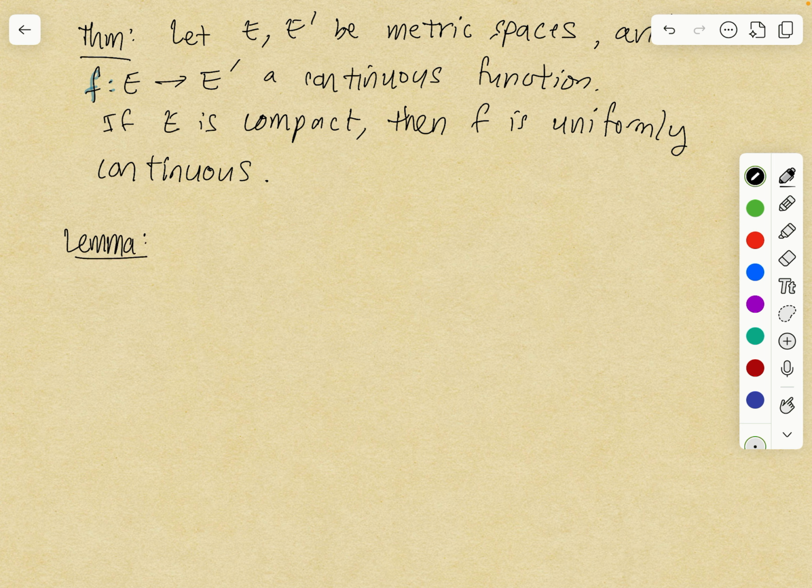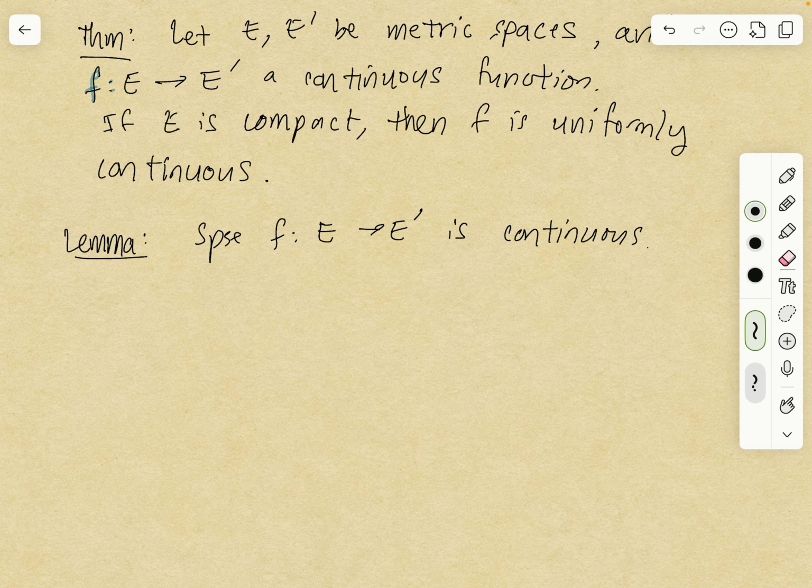So suppose f is a continuous function between two metric spaces.